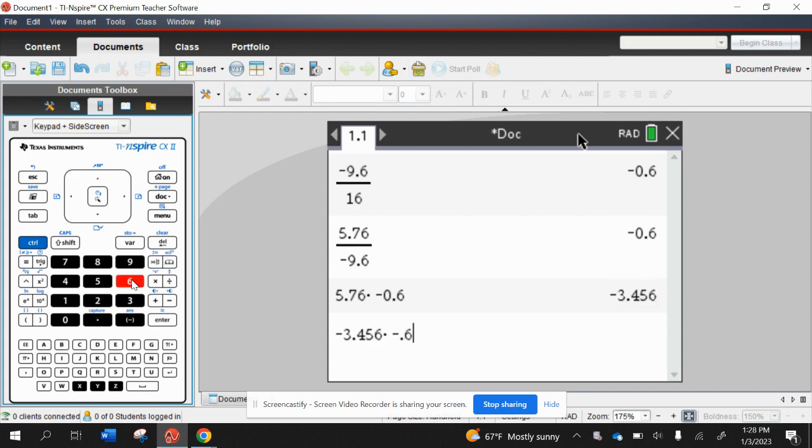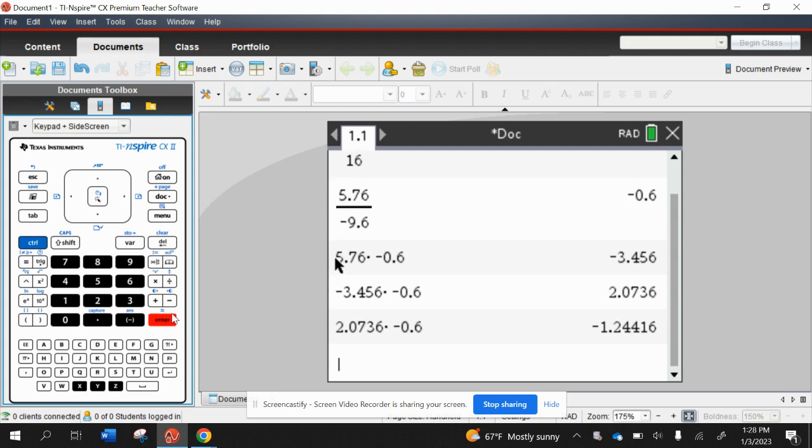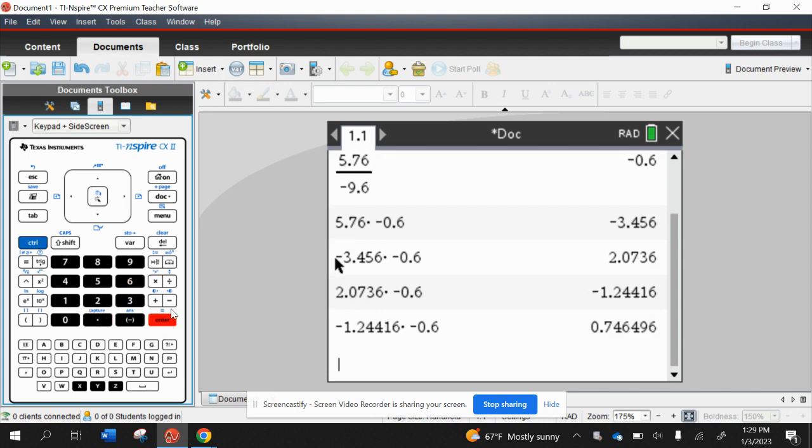Fifth term, we're going to highlight, enter, times negative 0.6 is 2.0736. Times negative 0.6 is negative 1.24416, and the seventh term, times negative 0.6, is 0.746496.